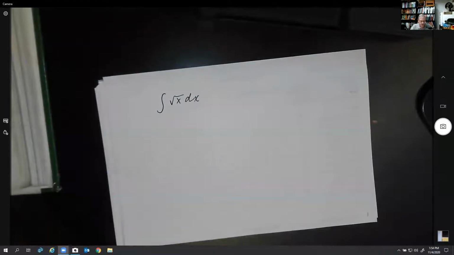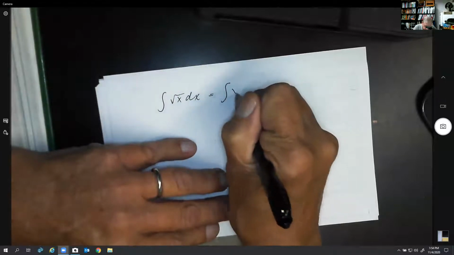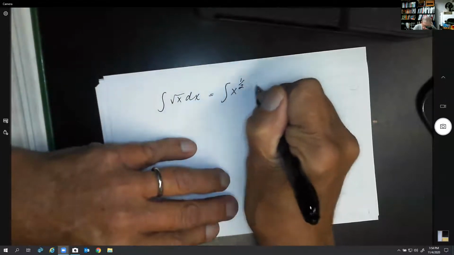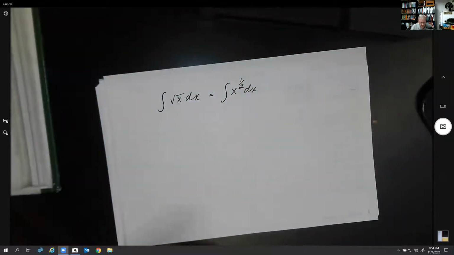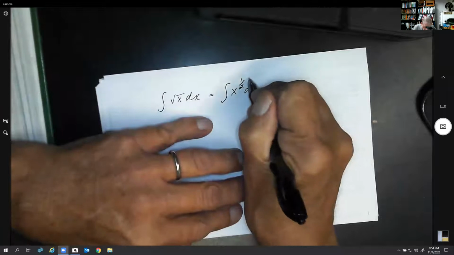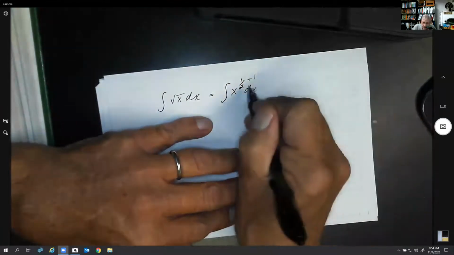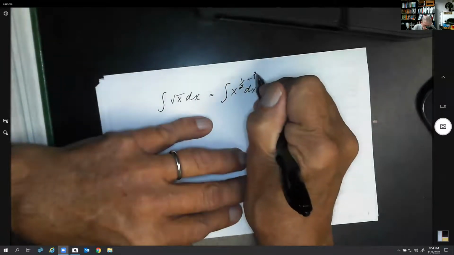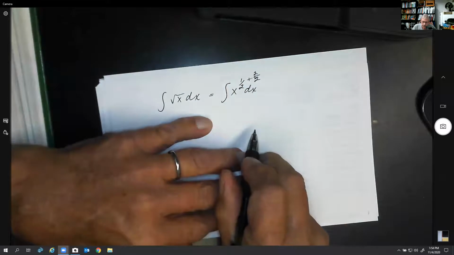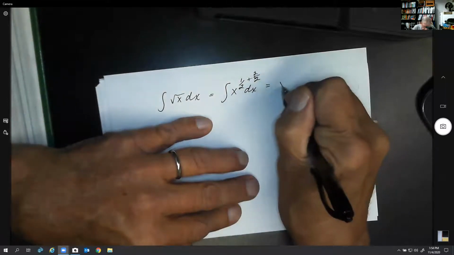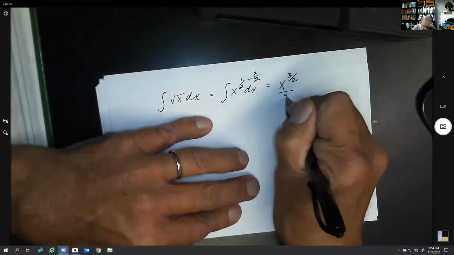Well, in this case, what we want to do is write this, first of all, with exponents. So that's going to be a half power, right? So we're going to add 1 to that. That's going to be plus 1, or another way of saying 1 would be 2 halves. So this is going to come out x to the 3 halves over 3 halves.